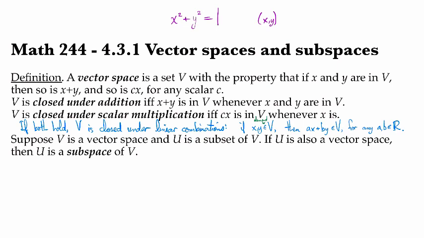Okay. And then we have a special word for when one vector space is contained in another, and that's a subspace. So if V is a vector space and U is a subset of V, so in other words, every element of U is inside V as well, so the whole set U is contained inside V, and U is also a vector space, we call it a subspace.